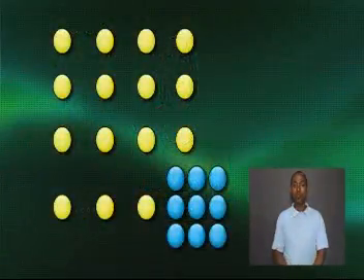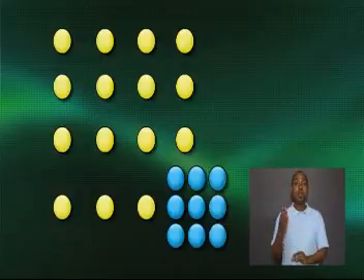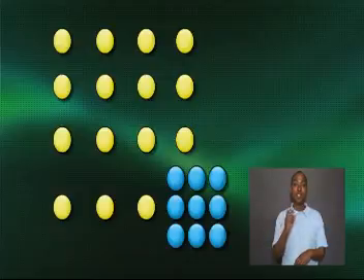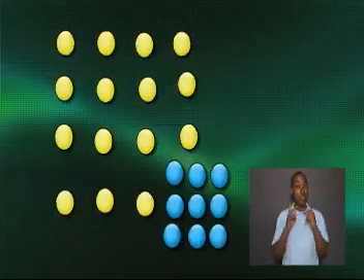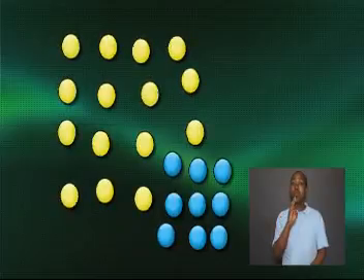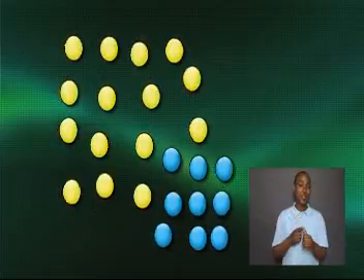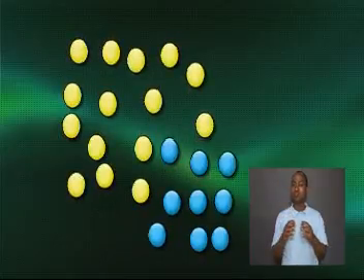Let us use the example of copper sulfate diffusing in water. The blue circles represent copper sulfate, and the yellow circles represent water. As you can see, when the copper sulfate is added to the water, initially the copper sulfate does not mix with the water.